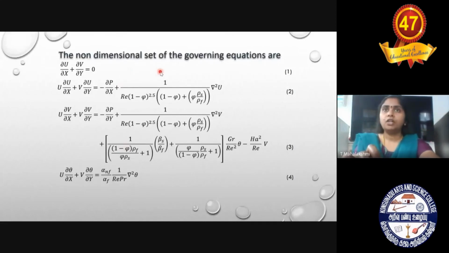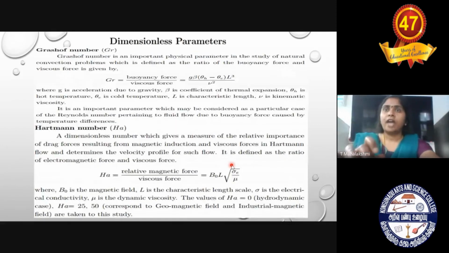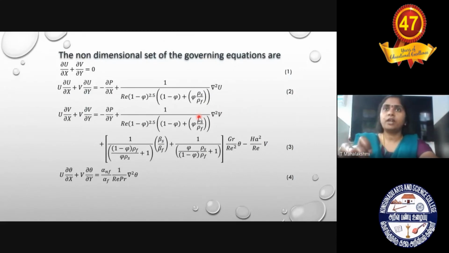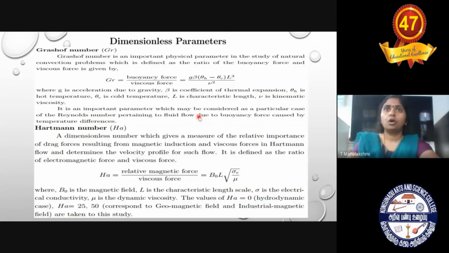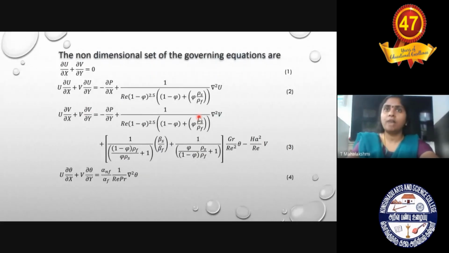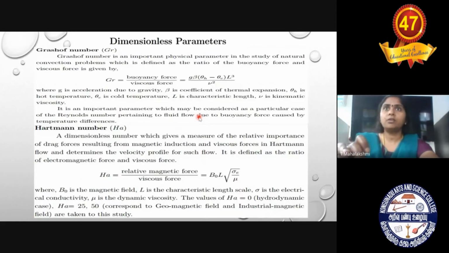We can start the numerical simulation after we get the non-dimensional equations. So the purpose of considering the dimensionless parameters is to convert the dimensional equations into dimensionless form.